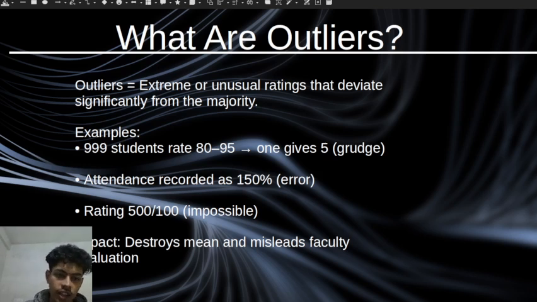Here we have mentioned the example also that 999 students rate 80 to 95% and one gives 5. We have seen this same example in question 9 also.